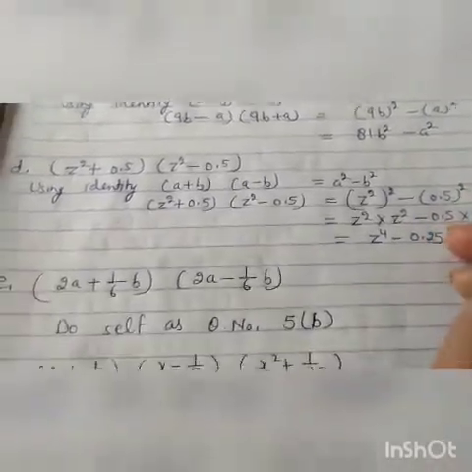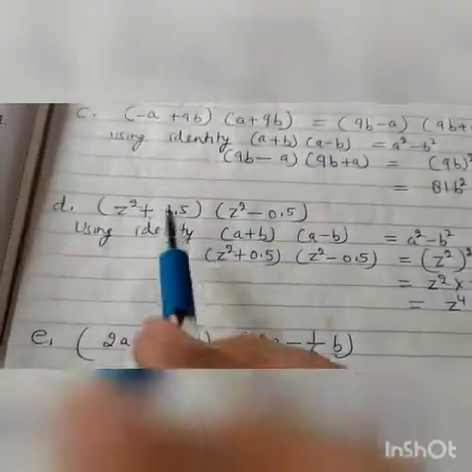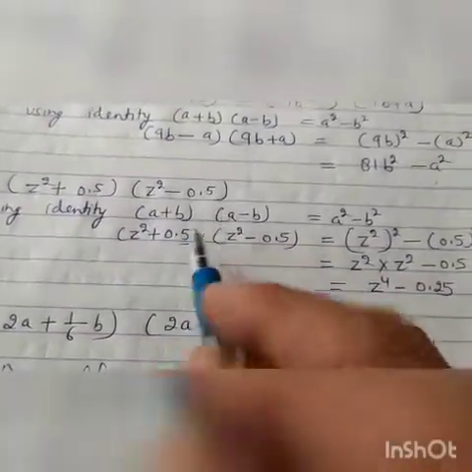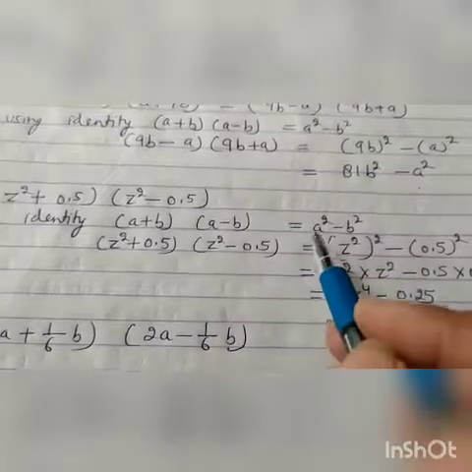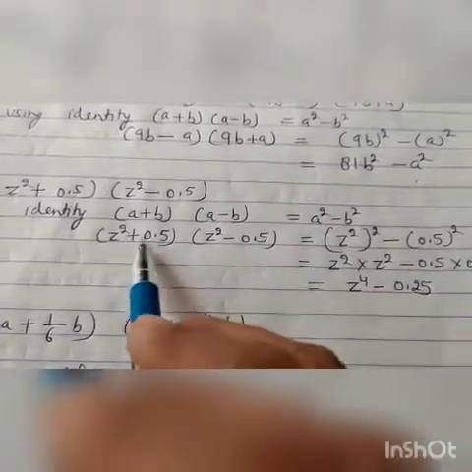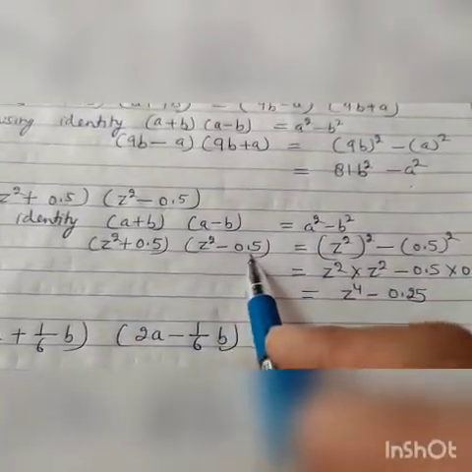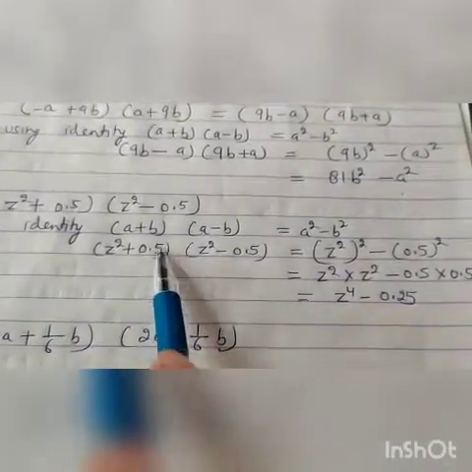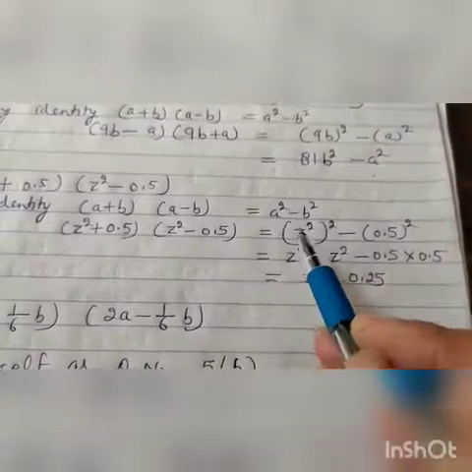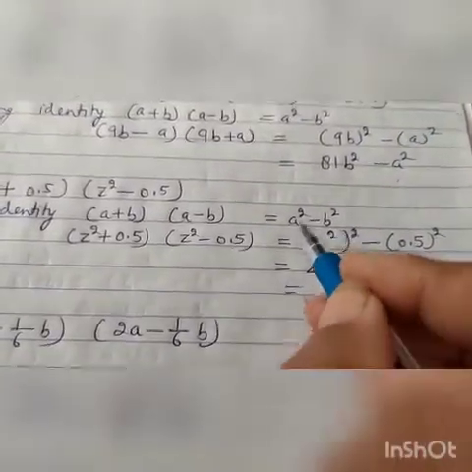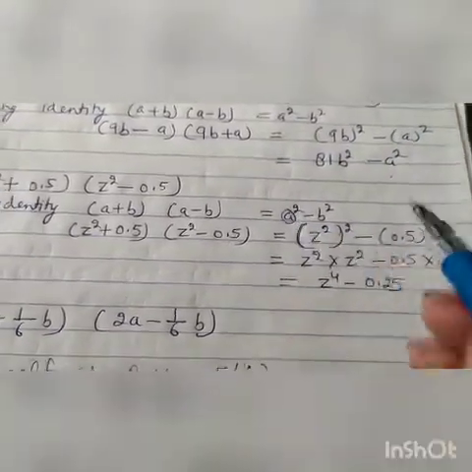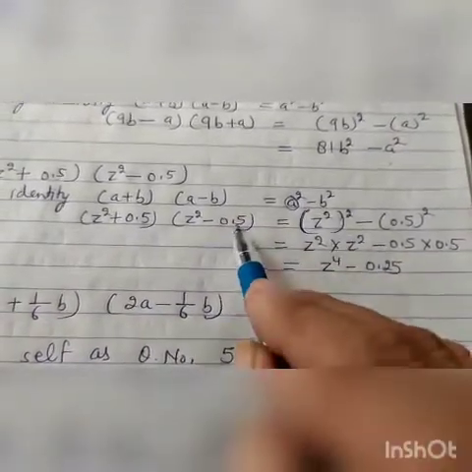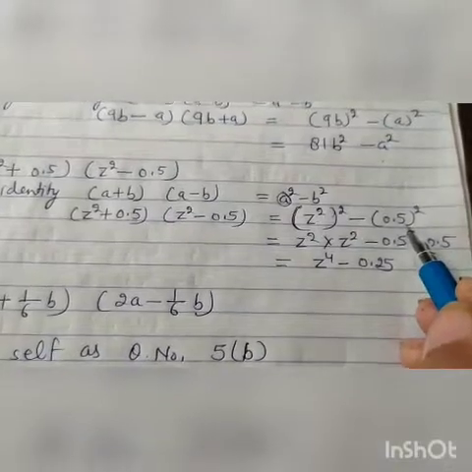Next D part. (Z square plus 0.5) multiplied by (z square minus 0.5). See (a plus b)(a minus b) is equal to a square minus b square. What is the first term here? First term is z square, second term is 0.5. So z square is the value of a, then this square minus the value of b, 0.5 whole square.